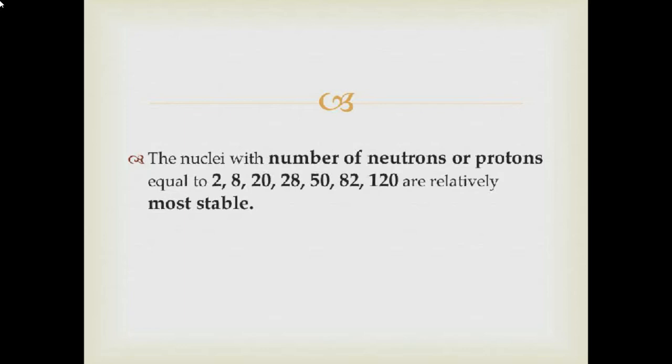Hence, in the previous slide we talked about 4He, 8Be, 12C, 16O and 20Ne. They belong to this category, and the numbers 2, 8, 20, 28, 50, 82, 120 are called magic numbers. If the number of neutrons or protons of a nucleus is equal to one of these numbers, then it will be relatively more stable. True or false based on this can be asked.